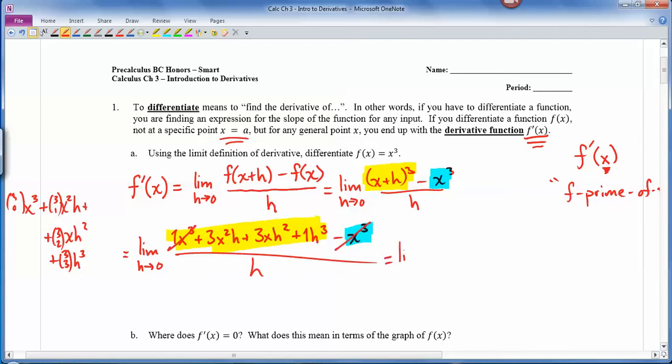Then I can factor out an h from the remaining terms on top: h times (3x squared plus 3xh plus h squared), all over h, and then these cancel. At this point I can plug in the 0, so this term turns into 0 and that one turns into 0, and I'm left with 3x squared.